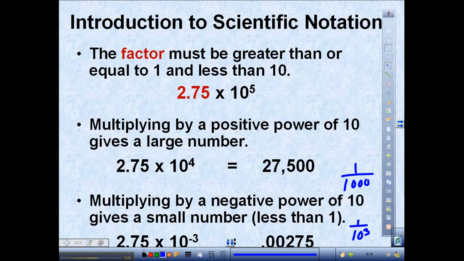And 1,000th is 0.001. If you multiply 2.75 by 0.001, you get this number right here, a really small number. So what I want you guys to notice here is if you multiply by a positive power of 10, you get a big number. And if you multiply by a negative power of 10, you get a very small number. Okay?